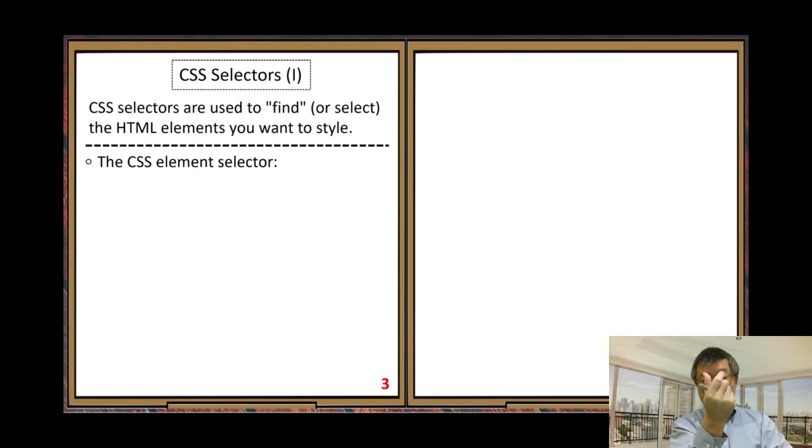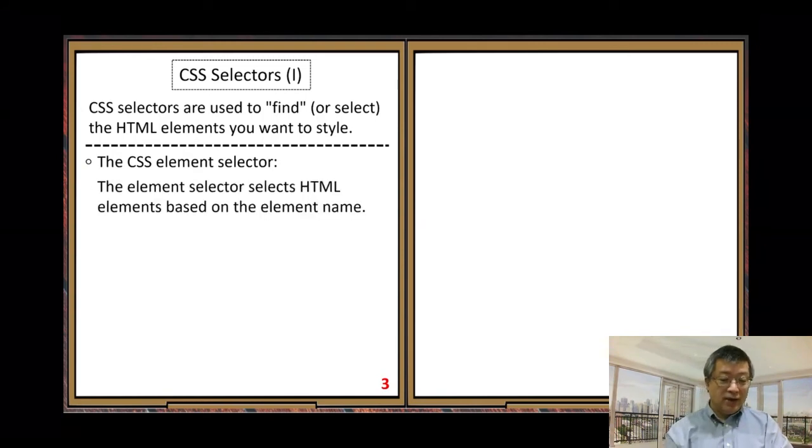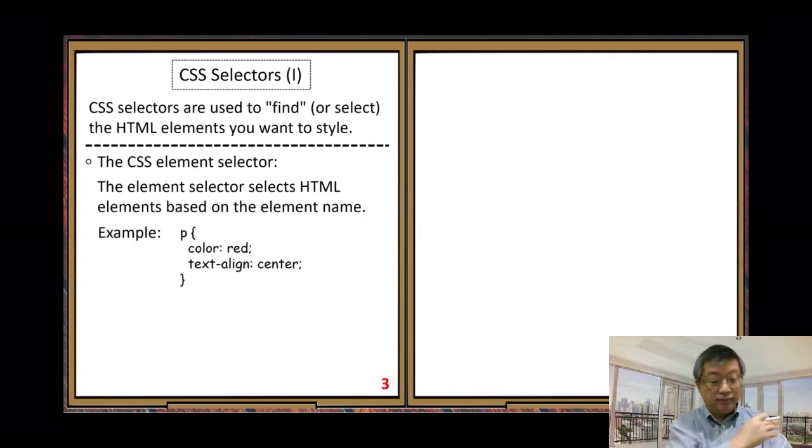Specify the element, P tag, P element. The element selector selects HTML elements based on the element name. But if you use this way, you apply this rule on all the elements with this name.